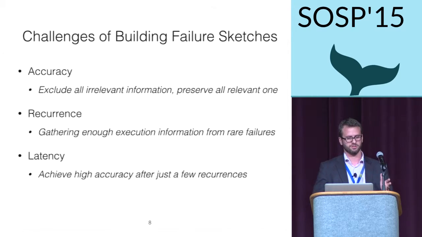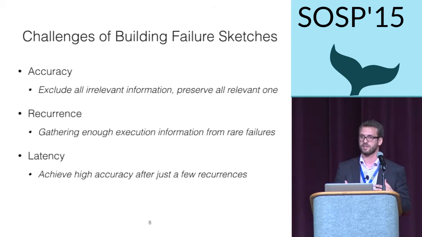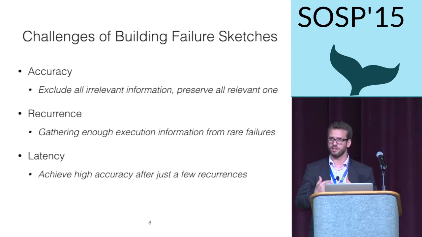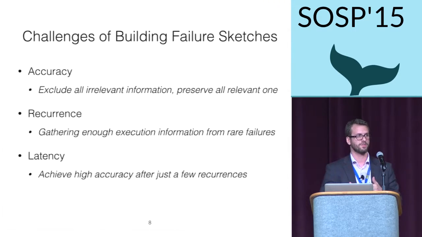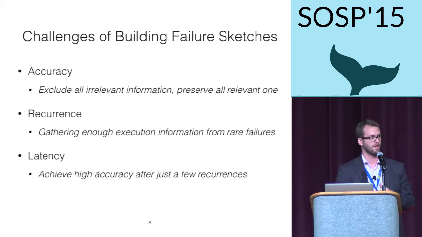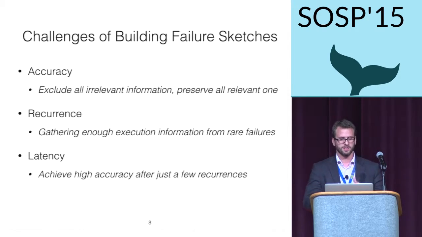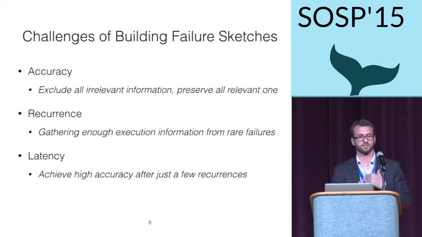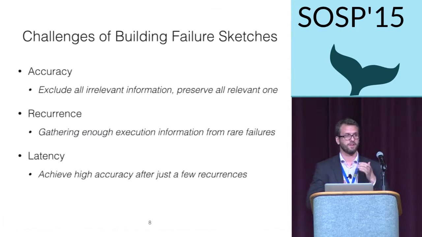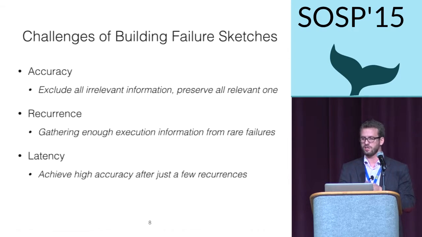The first challenge is building accurate failure sketches. Namely, it's hard to build failure sketches that exclude all irrelevant information while preserving all relevant information. If sketches are not accurate, developers would not want to look at them. The second challenge is the recurrence challenge. For failures that rarely recur, it's hard to gather enough execution information to be able to build failure sketches.